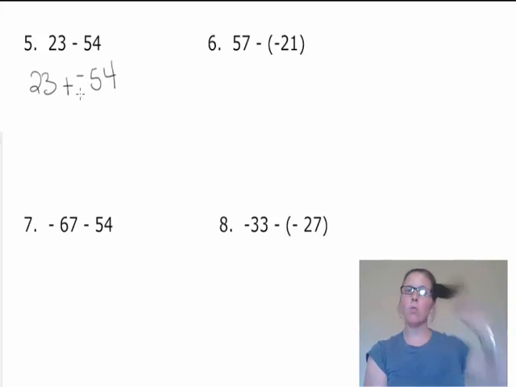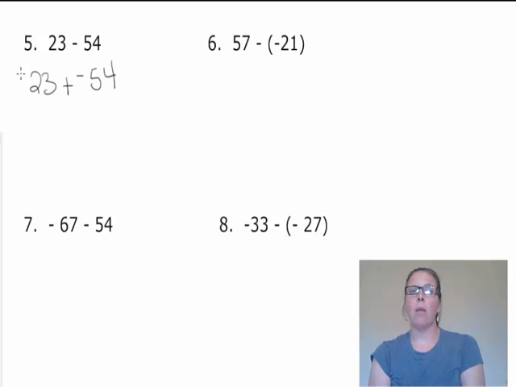We use our rules. We have 1 positive, 1 negative, so we really subtract and take the sign of the larger number. So we know it's going to be a negative. So 54 minus 23 is what? 31? Yep. 31. So negative 31.